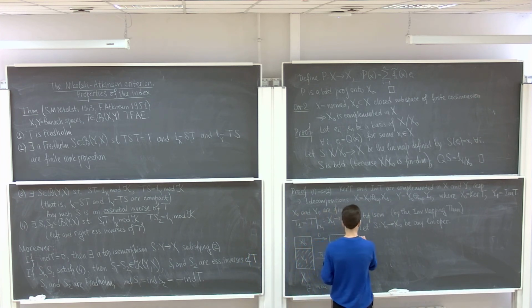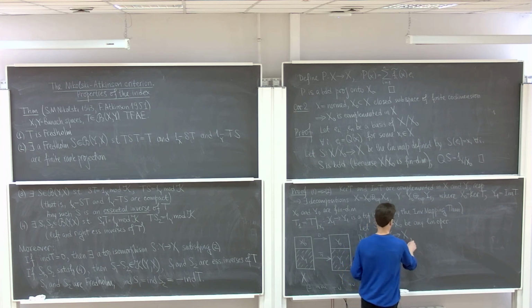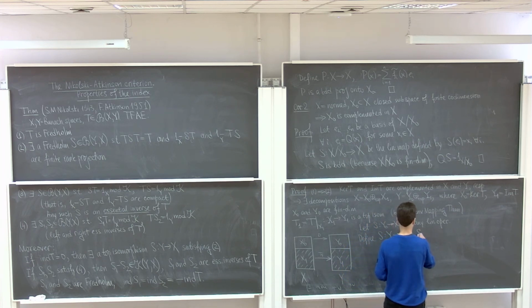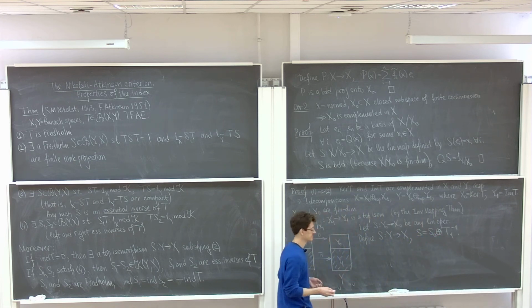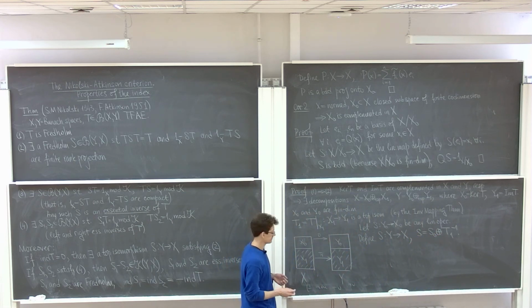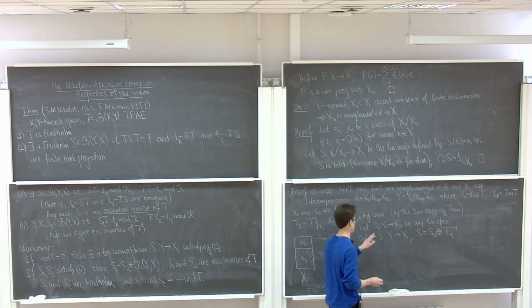And we define S from y to x in the following way. S is the direct sum of S0 and T1 inverse. This is S0 and this is S.